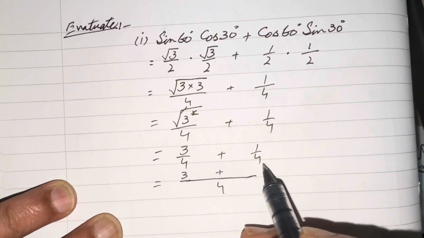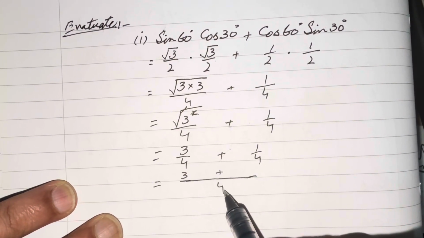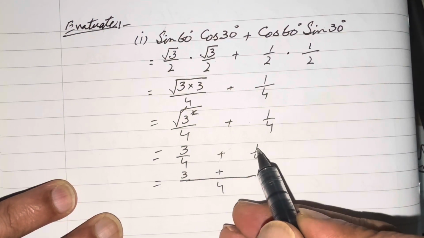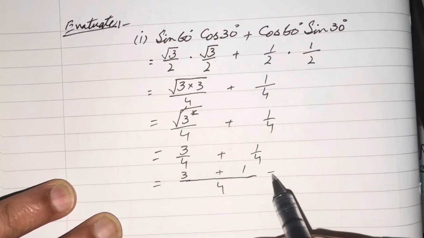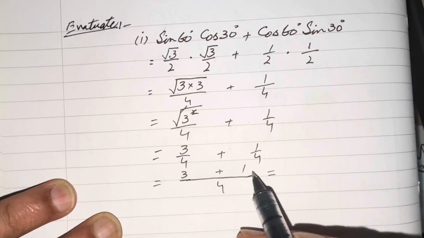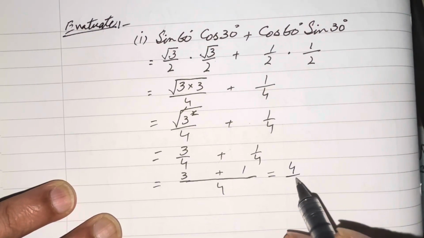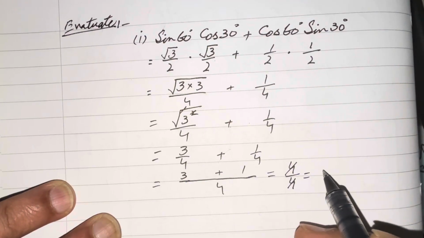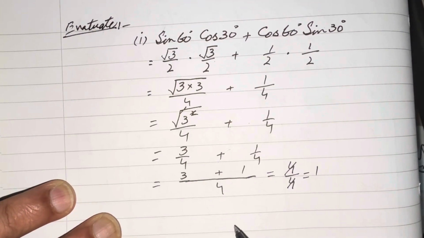Plus this 4 will be divided with this one. So 4 ones are 4, and then 1 multiplied by 1 is equal to 1. So that will become 3 plus 1 is equal to 4 divided by 4. These two will be cancelled with each other. So the answer will become 1.